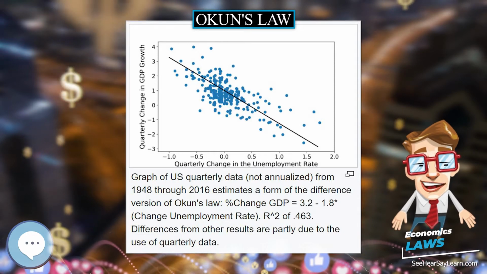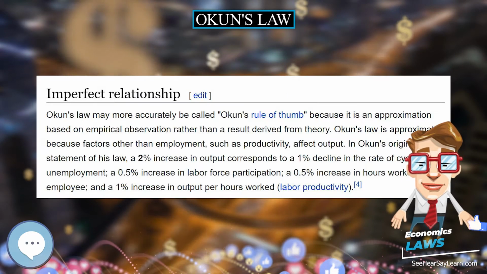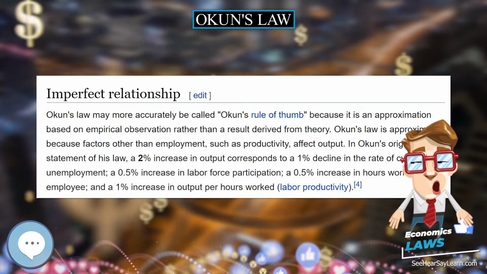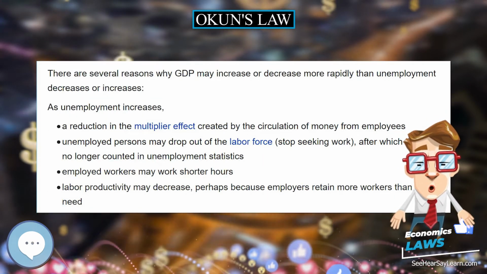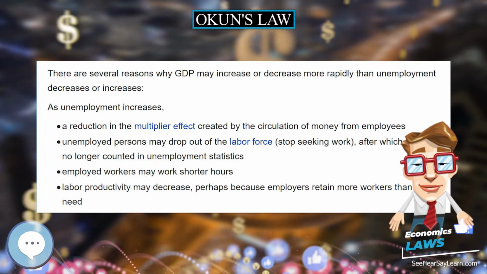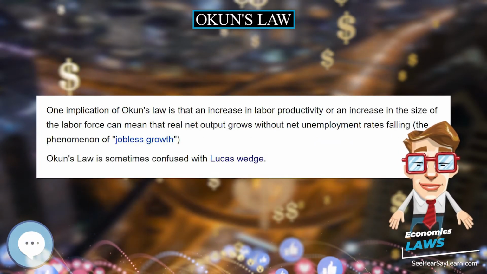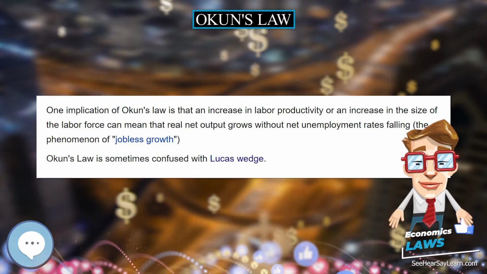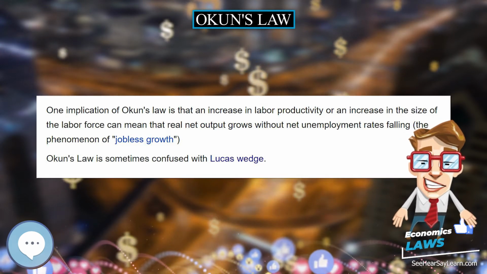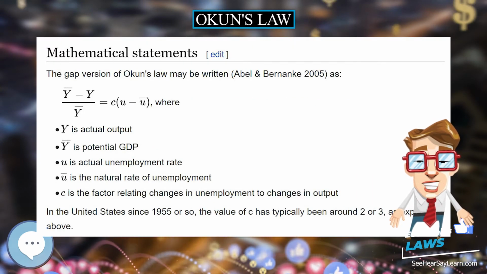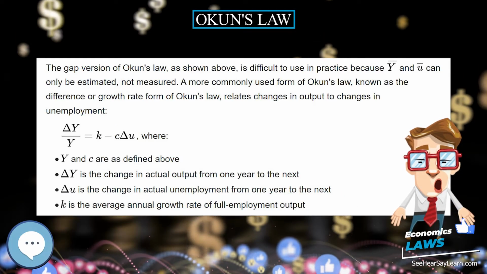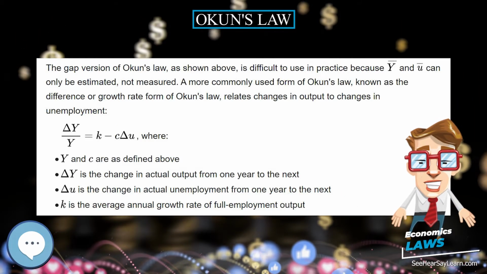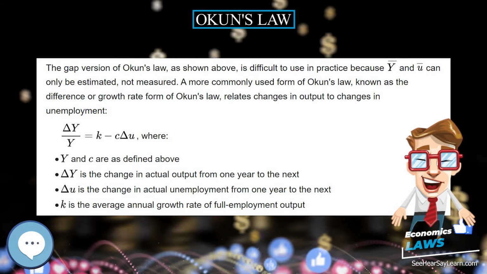The gap version of Okun's law is difficult to use in practice because ȳ and ū can only be estimated, not measured. A more commonly used form of Okun's law, known as the difference or growth rate form, relates changes in output to changes in unemployment.